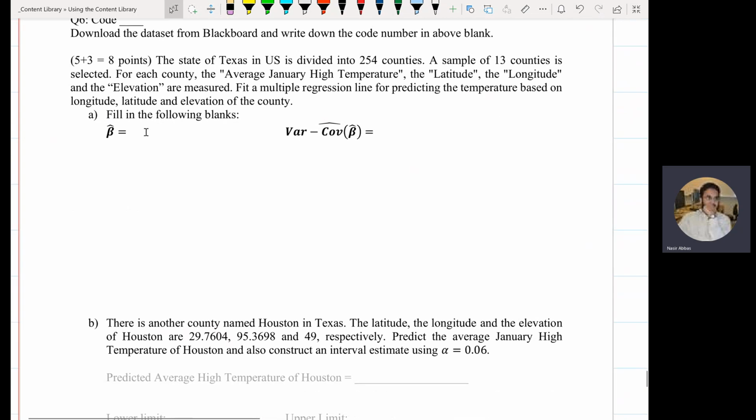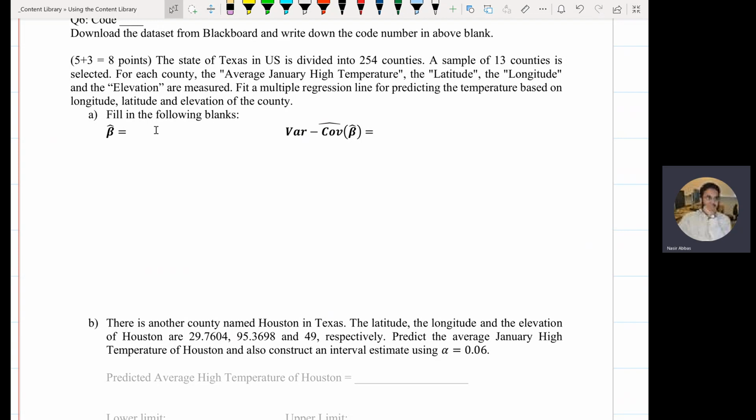What are you required to give? The beta hat vector. Here, I'm not forcing you to use X prime X inverse X prime Y. You just go to the data analysis, find beta hat, and plug it in here. You will get the credit for the left side. For the right side, the variance covariance matrix. This will be a 4x4 matrix, 16 values. Here you are forced to use the matrix approach because the data analysis tab will print the variances, but it will not print the covariances between beta naught hat and beta 1 hat, beta naught hat and beta 2 hat, beta naught hat and beta 3 hat.